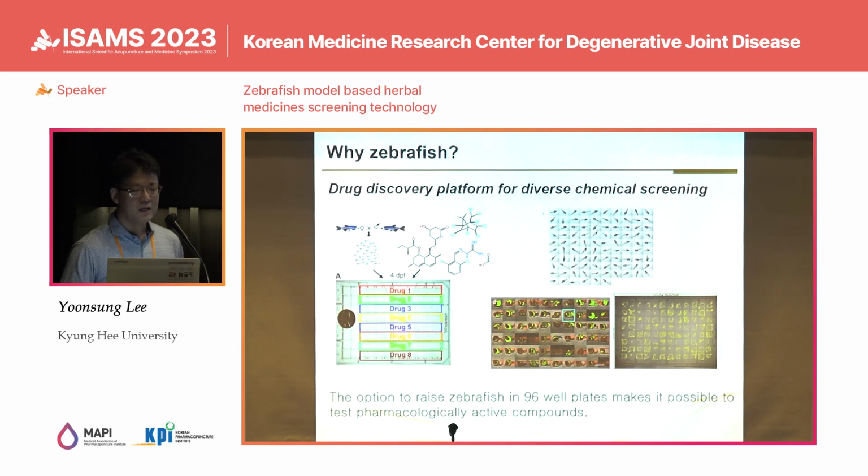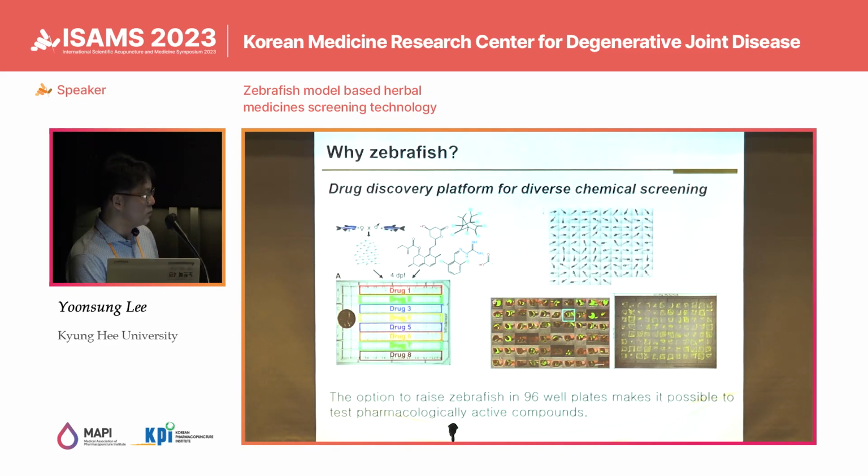And finally, due to their optimal size and the number of embryos we can have from a single mating of one parent, a drug discovery platform for chemical and drug screening is very available. One of the key things is that when we're using 96-well plates for regular experiments, a zebrafish embryo or larva has a really perfect size for each well of these plates.